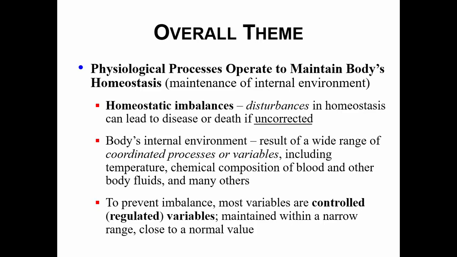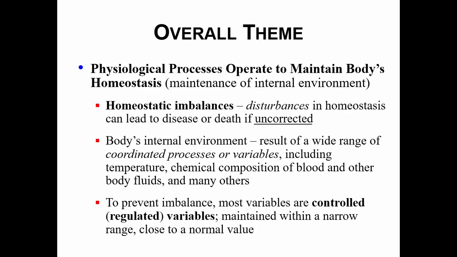And to keep us from having imbalances, we have to control variables and maintain them within a normal, very narrow range. Take your body temperature, for instance. Normal body temperature for years we thought of as 98.6. I think now they've adjusted that. But 98.6 degrees Fahrenheit.